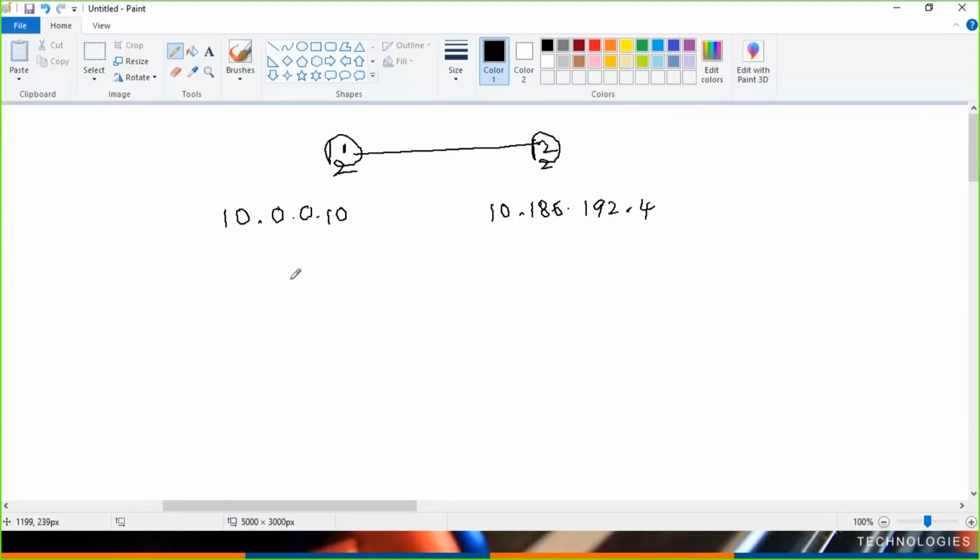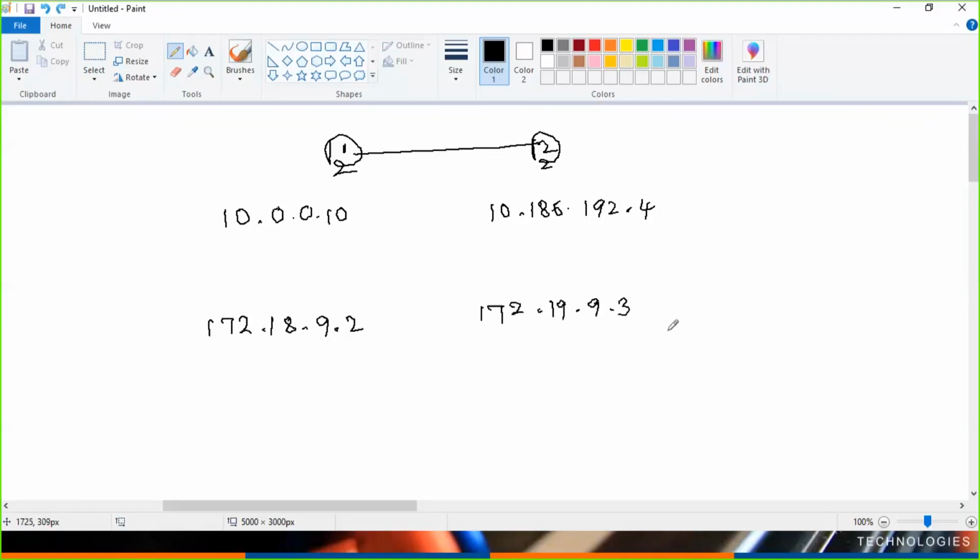Yes. Okay, this is one case. In the second case, device 1 IP address is 172.18.9.2. For device 2, 172.19.9.3.